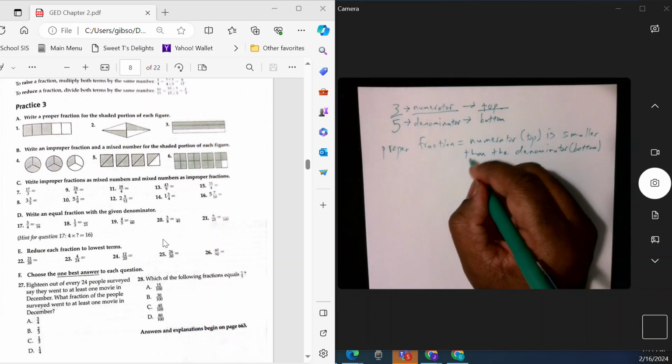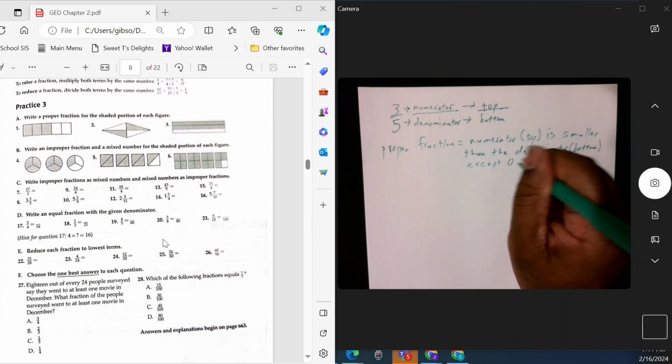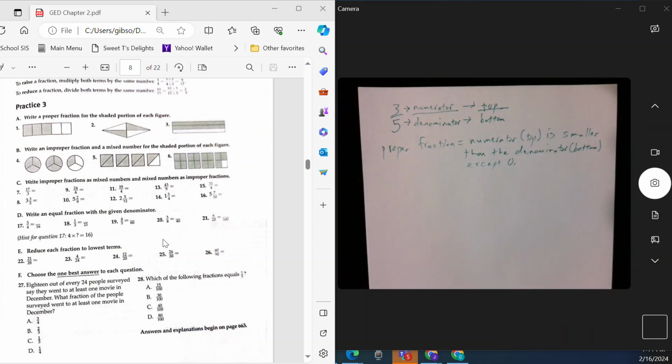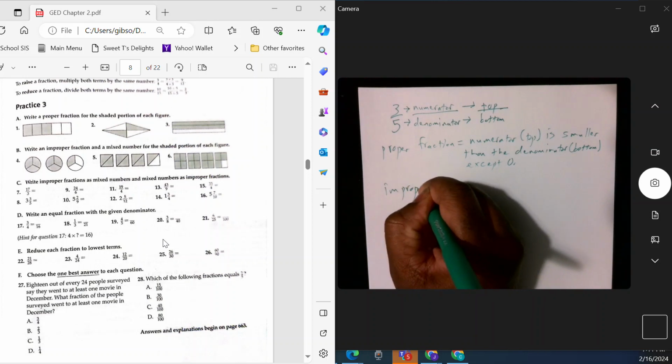Now we know the one exception is 0. So this works with any other numbers except 0. So the numerator, top, is smaller than the denominator, bottom. That's the proper fraction. The next thing we will have is an improper fraction.